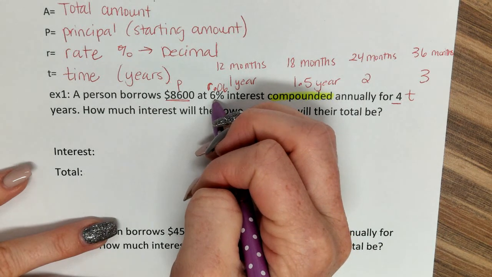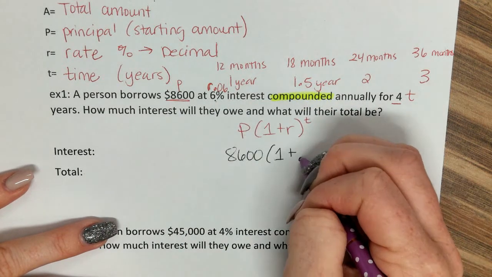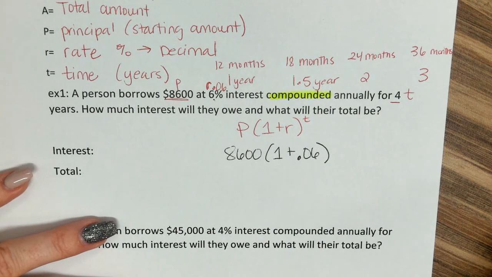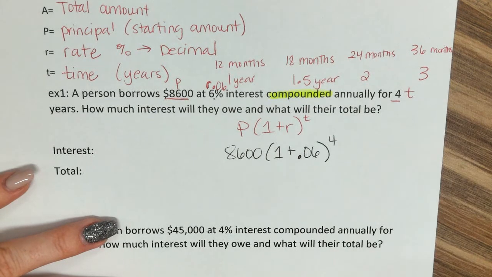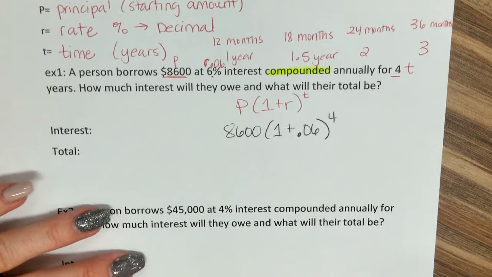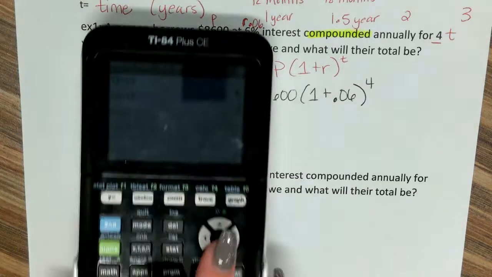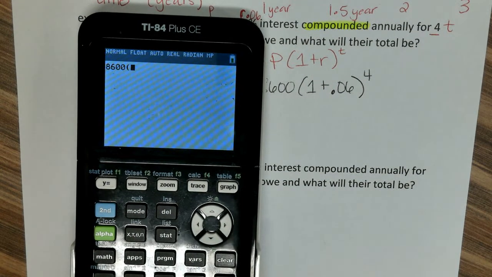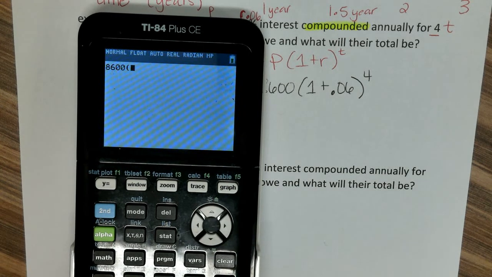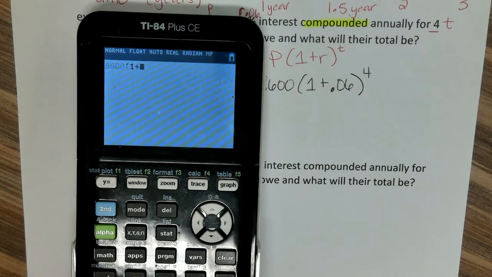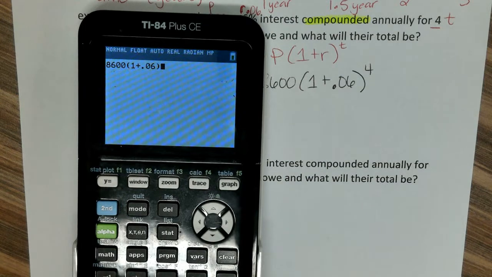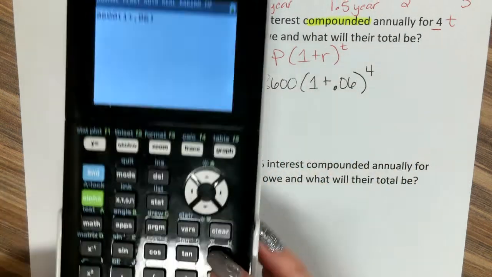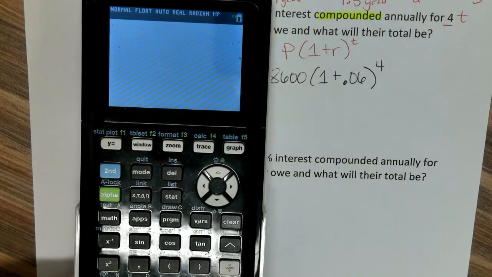Oh, I got to have it as a decimal. 0.06. Close parentheses. What is the T? And that's it. You just type it in your calculator how you see it. Y'all know where the parentheses are in your calculator, right? Okay. 1 plus 0.06, close parentheses, and then don't forget your exponent buttons right here. So to the 4th power.